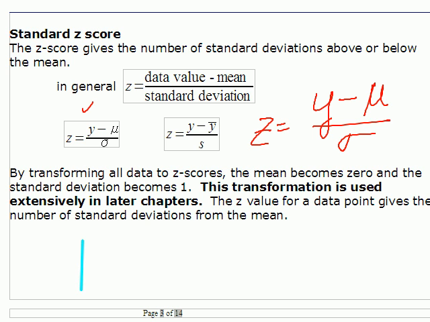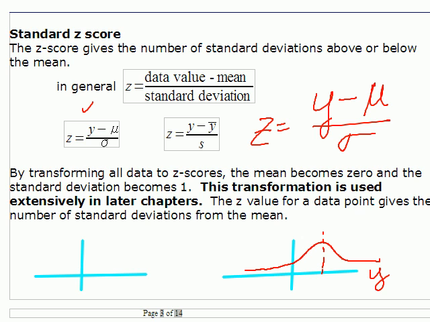Let's say I'll make two graphs here. This is my original data, and let's say it looks something like this. It has a mean here at some number, 17.25, and associated with this mean there's some standard deviation, and that's how the data looks.